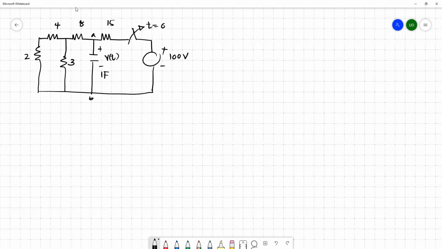Now this question is this: assume that the circuit was in DC steady state just before the opening of the switch. It means once you change the status of the switch to off, it was in DC steady state. So we can argue that when t is less than 0, the circuit was in DC steady state.